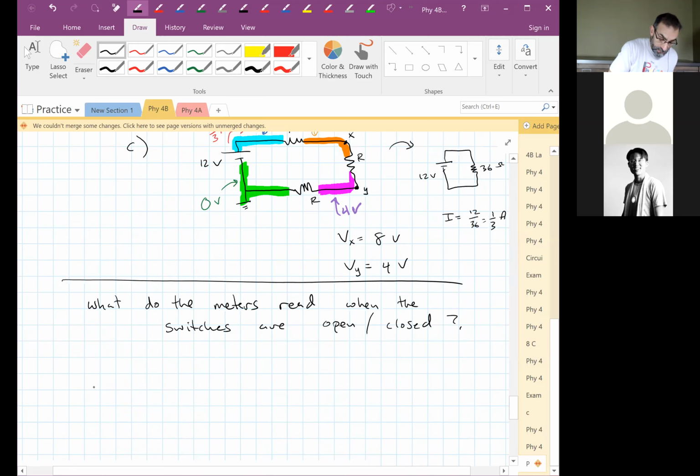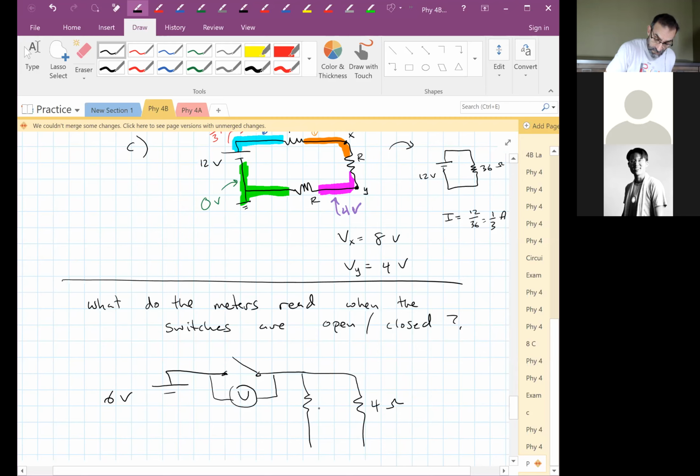So we've got a 6-volt battery. We've got a switch here, and we're going to hook up a voltmeter across it, and 2 resistors, and an ammeter.